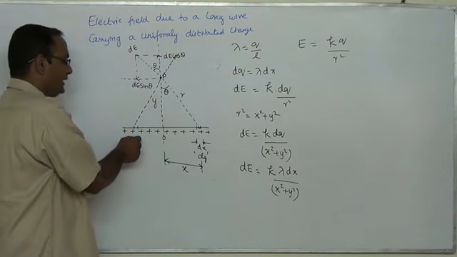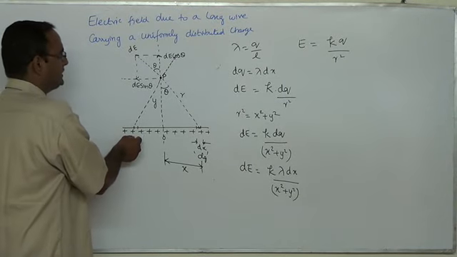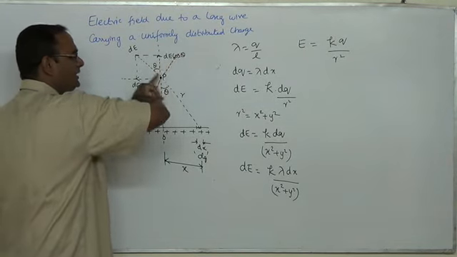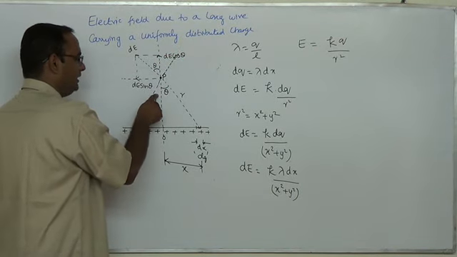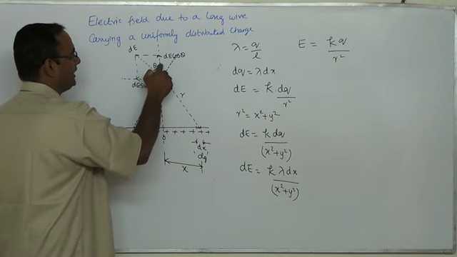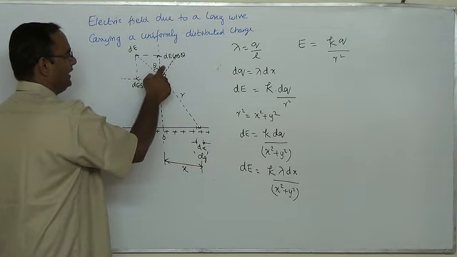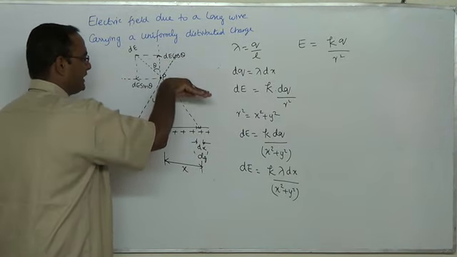Whereas when I take a similar elemental charge, I have the net electric field dE. Again, if this is theta, this is also theta because it forms an isosceles triangle, and hence again dE can be resolved into two components, dE cos theta and dE sin theta.